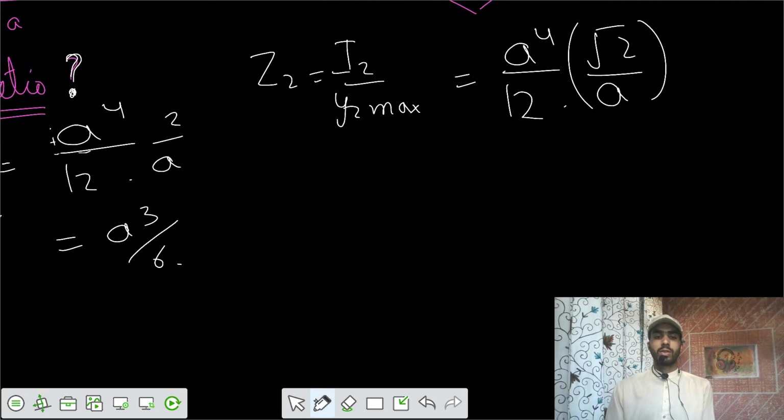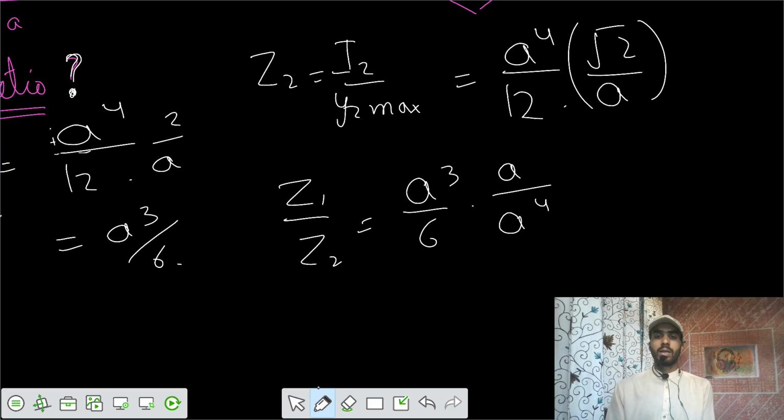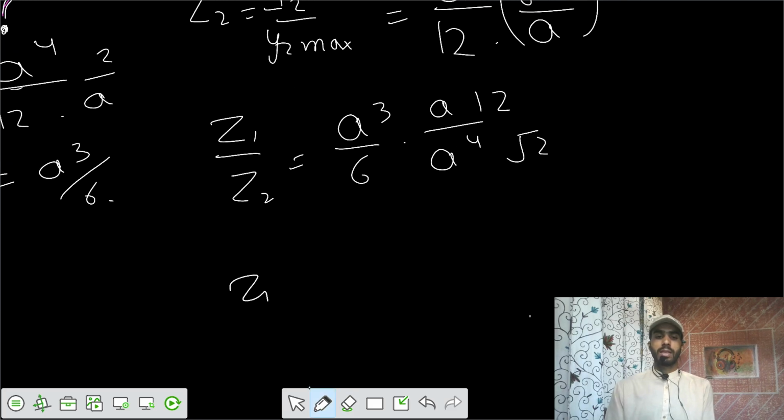And you substitute and write that z1 by z2 equals, when you substitute the values, a cube by 6 into a power 4 into a 12 root 2. So you get a value of z1 by z2 equals root 2, 1.414.